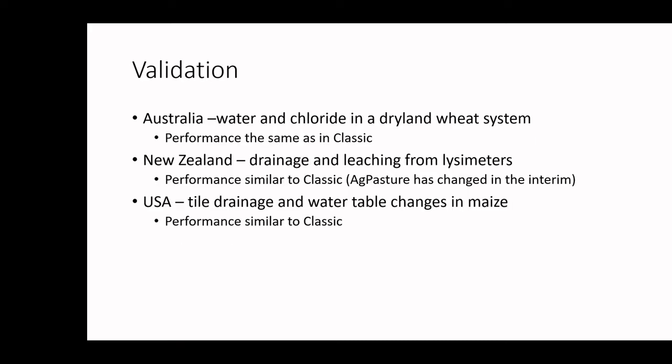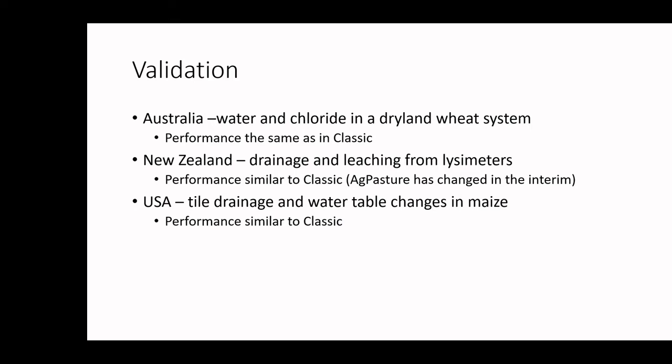In the validation section of the simulation, we've got three different categories. We've got the Hudson simulation that Neil developed initially in Classic, and that's been ported over to the next gen simulation, and it's giving pretty much the same performance as in Classic.